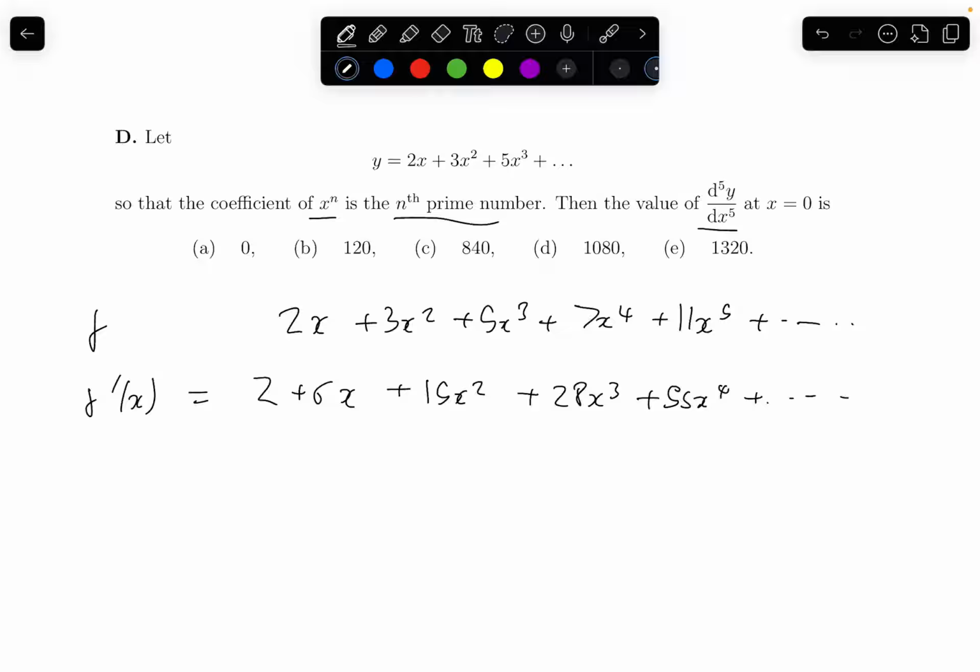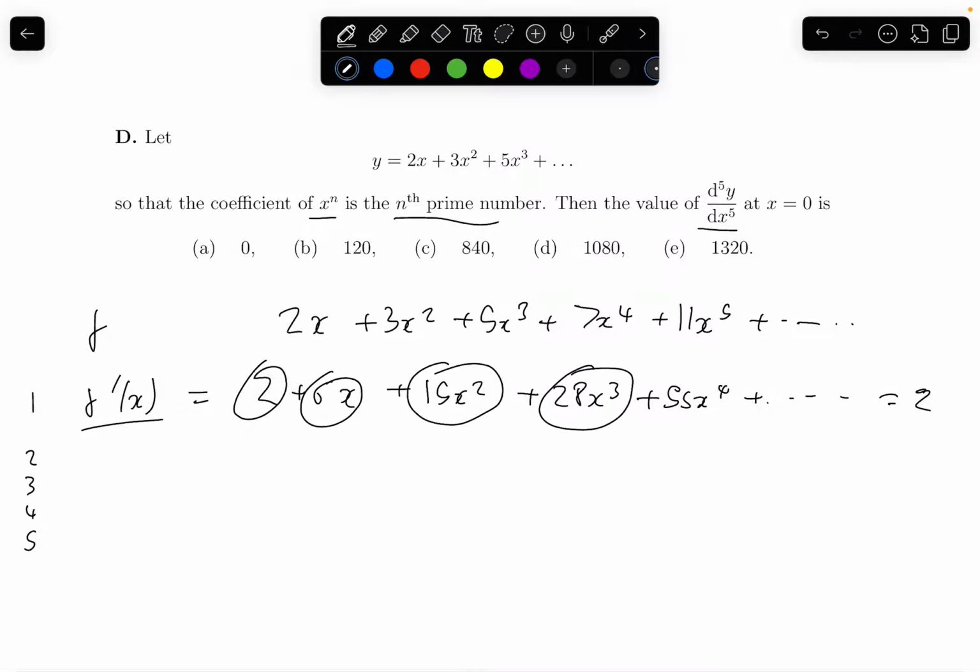And if you set that equal to 0, then it's just equal to 2. So that's 1. Then if we did that 2, 3, 4, 5 times, we want to find what that value will be. That's 1. That's 2. That's 3. That's 4. This is 5.